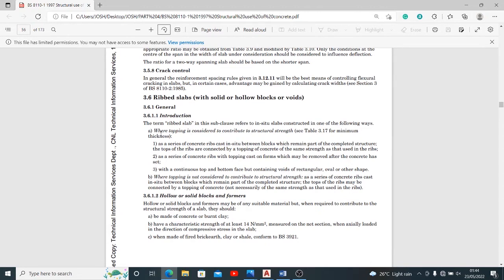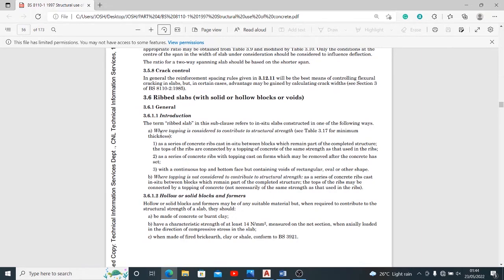It says, to this heading, with solid or hollow blocks or voids, right? If you don't get that clear, let me simplify it for you. It means that rib slabs can be with permanent blocks or without permanent blocks.